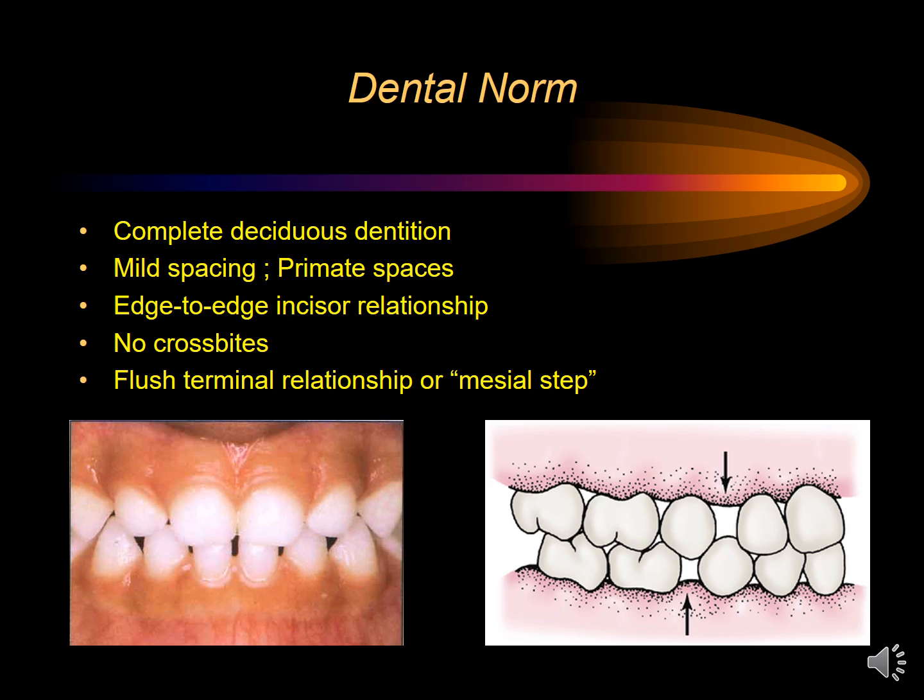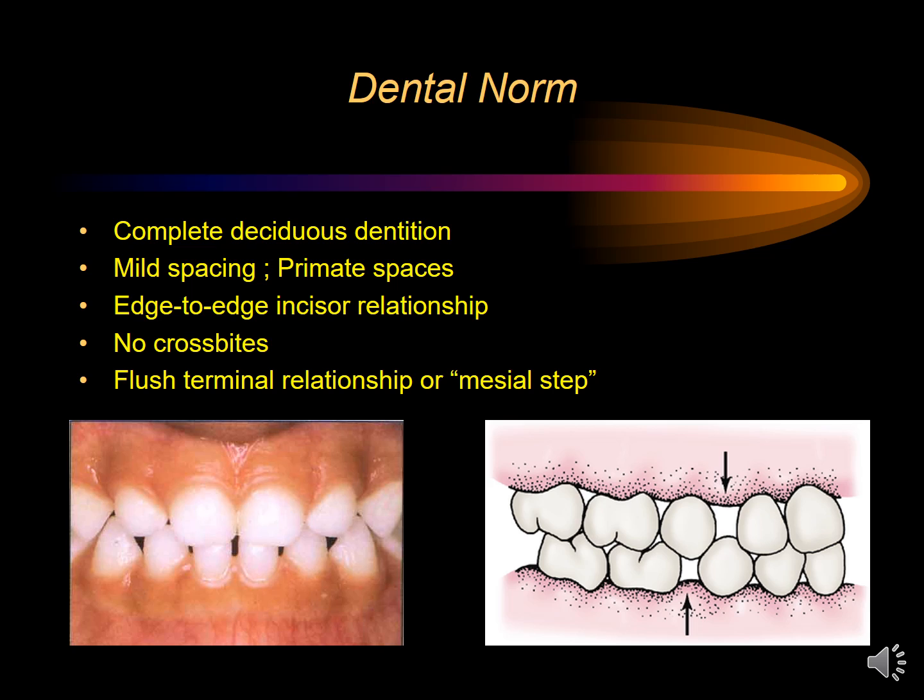Now these primate spaces are important because the size of the permanent dentition, the permanent teeth, is much larger than the deciduous teeth which it replaces. Now, if the deciduous teeth are not spaced and they are in close contact, that means there will not be enough space in the arch to accommodate the much bigger permanent teeth.